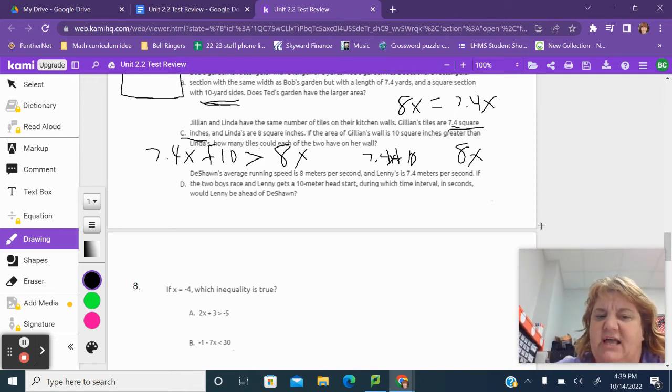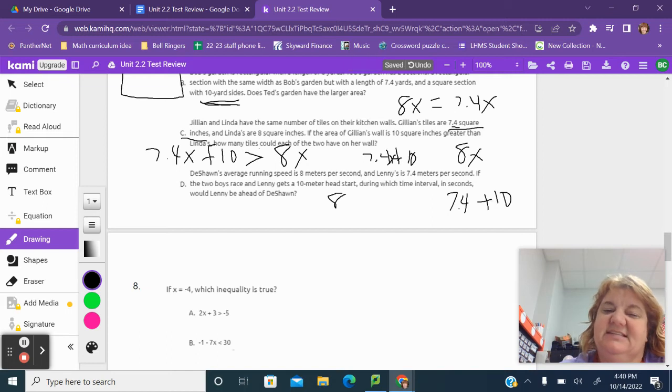Deshawn's average running speed is 8 meters per second. Lenny's is 7.5. If the 2 boys race and Lenny gets a 10-meter head start, this is it.